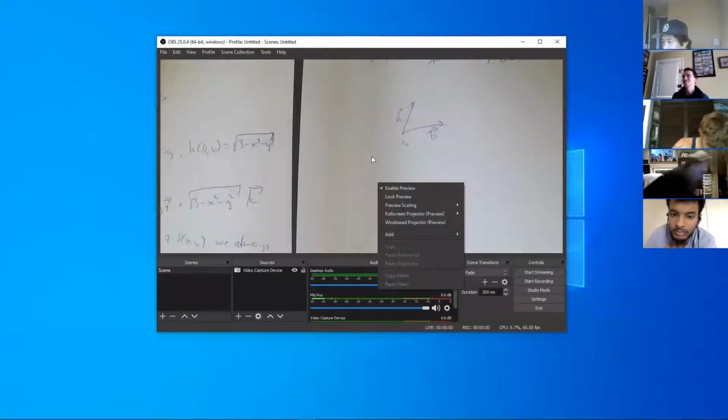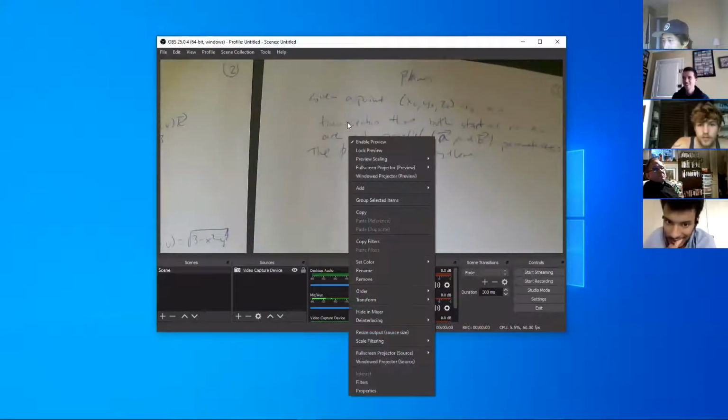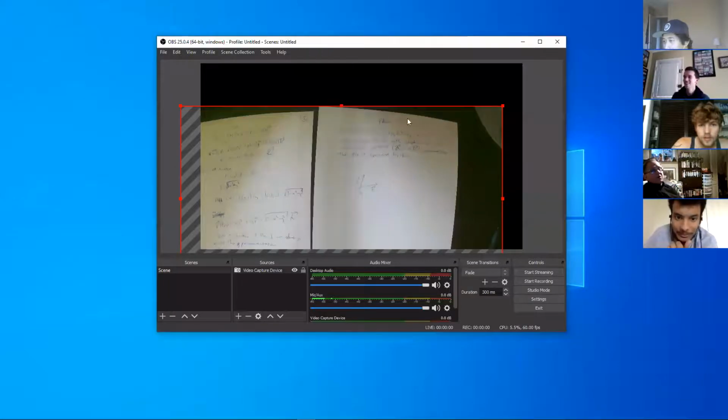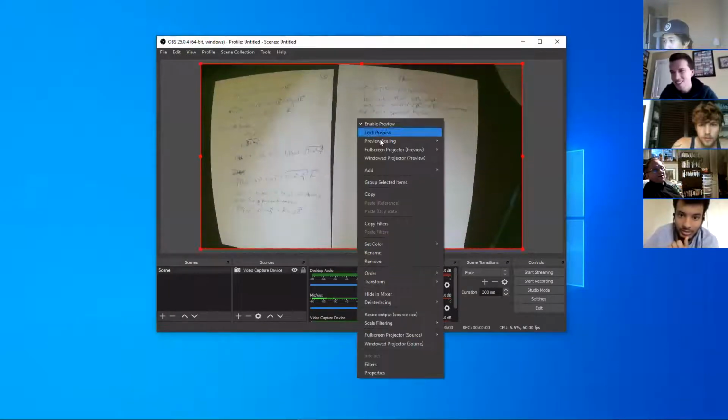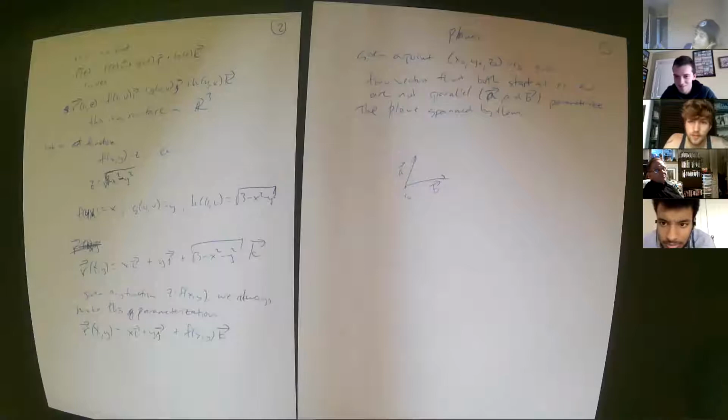Let's try this. This is zoomed, but not focused. Okay, how about this? That was really bad. Is that better? Yeah, it's a little bit better. Okay. Maybe? I have no idea.